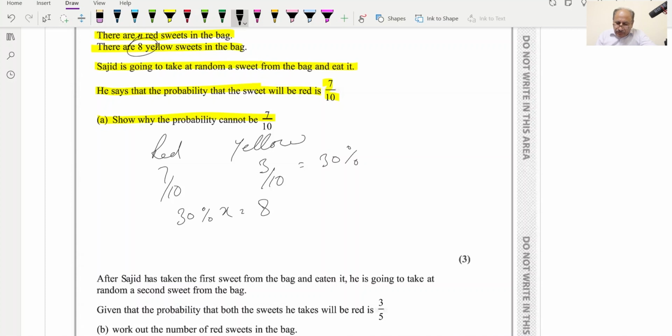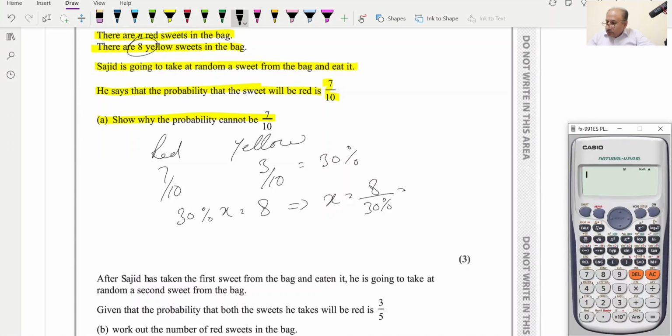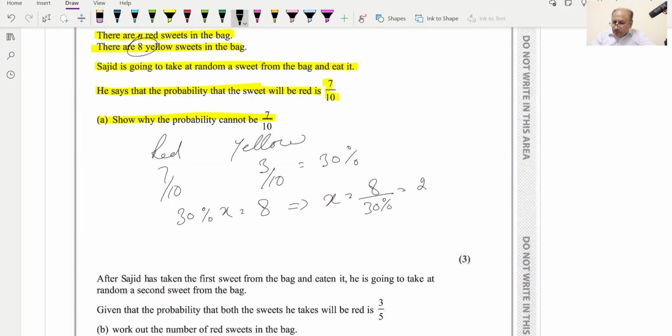So x will be equal to 8 over 30%, and this will be 8 divided by 30 percent, and this is equal to 26.67, which is a decimal value.